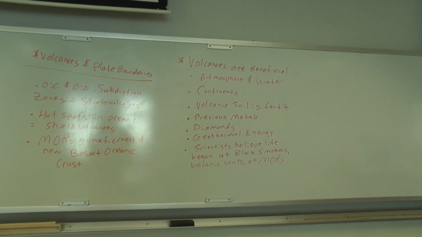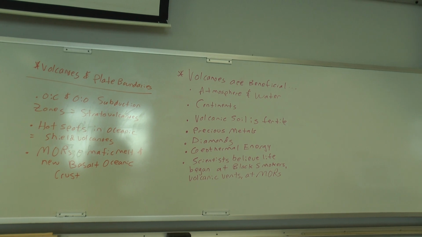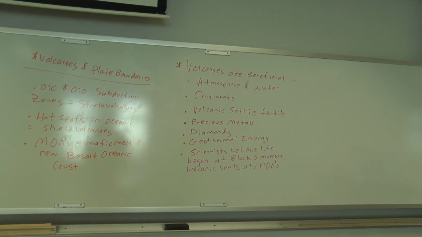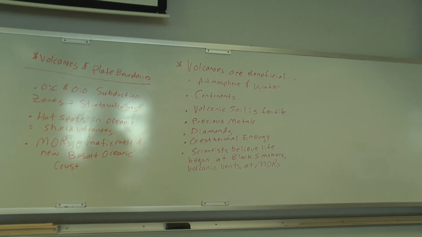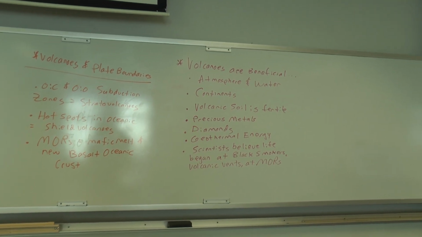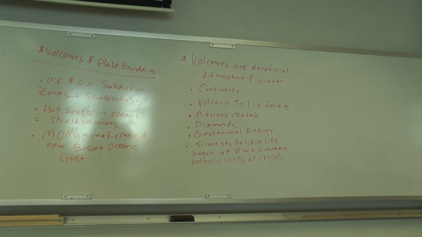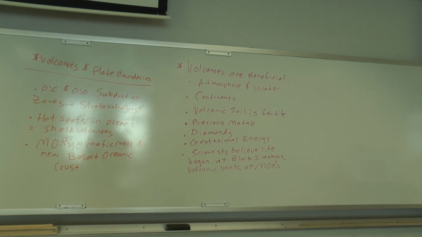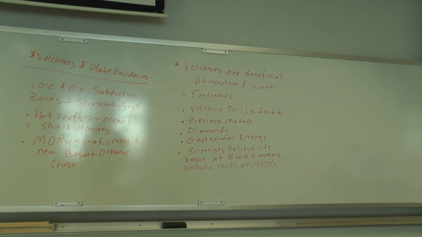And then, last but not least, when I was a kid, growing up and learning about Earth history and dinosaurs, scientists believed at that time that life probably began in shallow, warm ocean basins. Well, we have tweaked that idea, and we now believe that life began at black smokers, which are volcanic vents at the mid-ocean ridges.